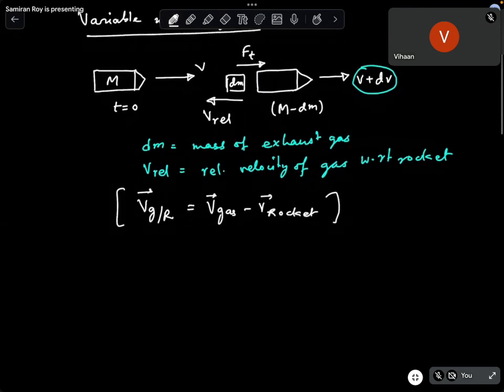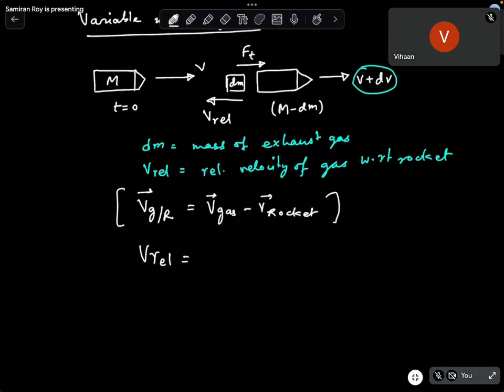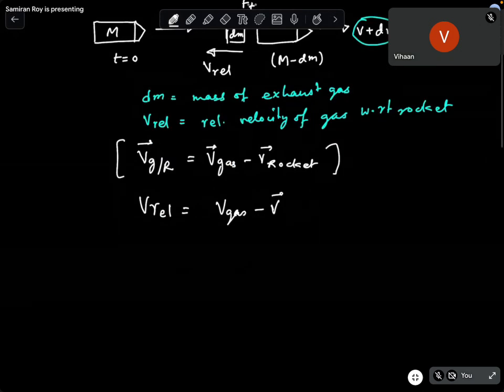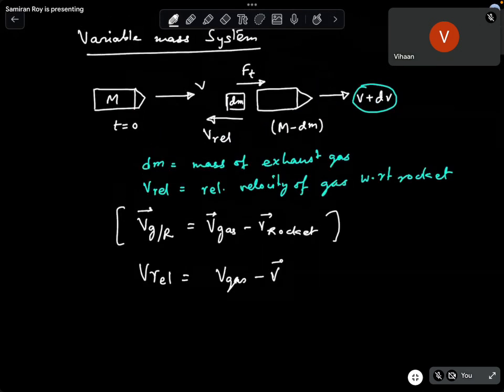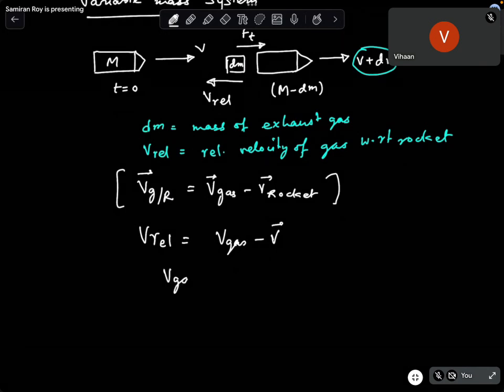So v relative is v gas minus v, the velocity of the rocket, which initially was v, correct? So I can write the velocity of gas equal to v relative plus v. This is the velocity of gas.